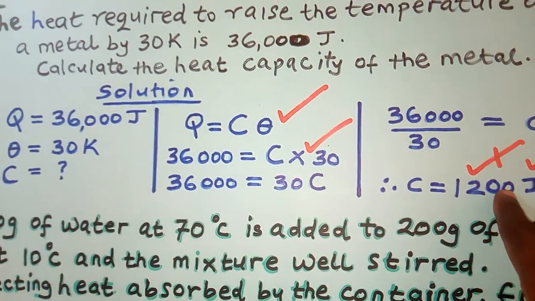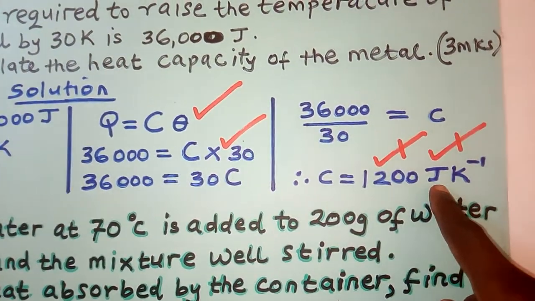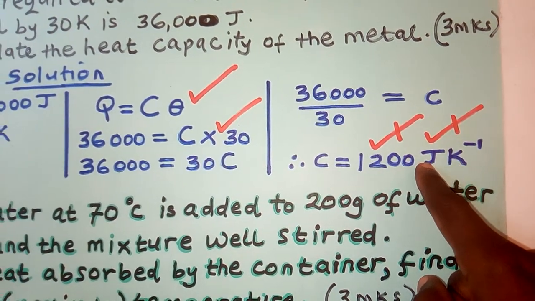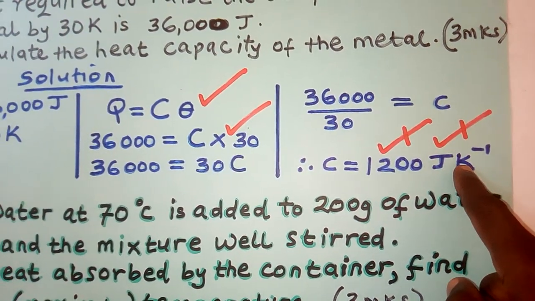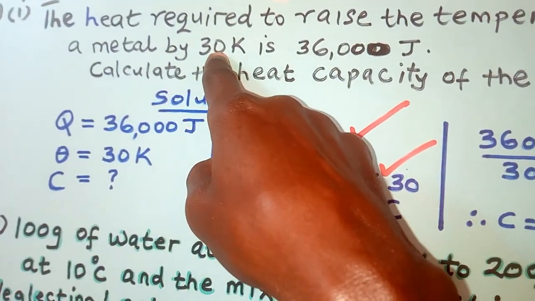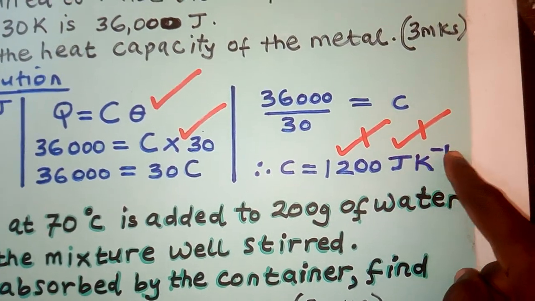Now remember we are calculating the heat capacity, and we said the SI unit of heat capacity is either joules per Kelvin or joules per degree Celsius, depending on the temperature. When you look at the temperature, it was 30 Kelvin, so our answer should be joules per Kelvin.